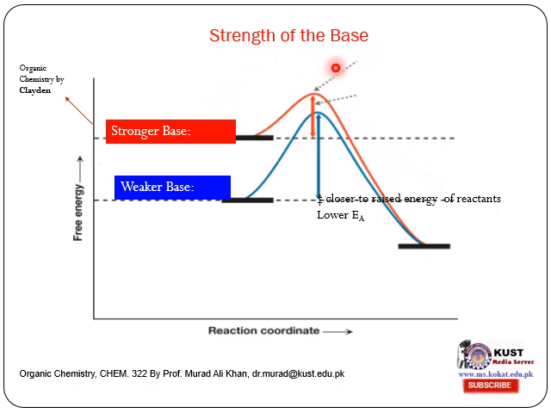The strength of the base is how it affects the course of reaction. The stronger the base, the more easily it will get the proton. But the weaker the base, the more difficultly it will get it, and the end product is the same.